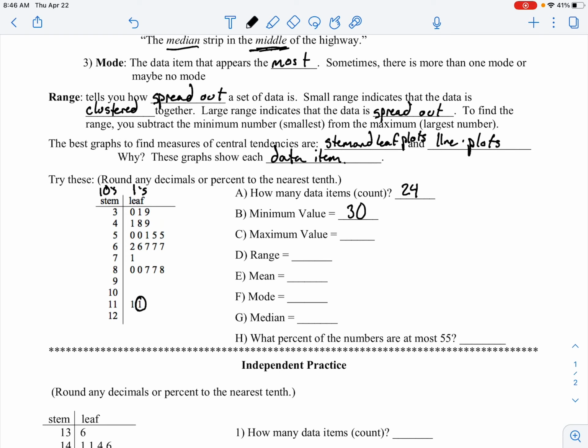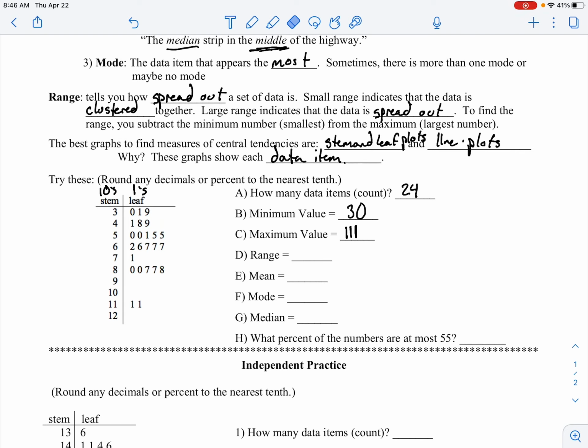That's indicated by the very last point we have here. The stem is an 11, which is 11 in the tens place, indicating 110, and then we have that 1 in our leaf space, which makes our maximum value 111.